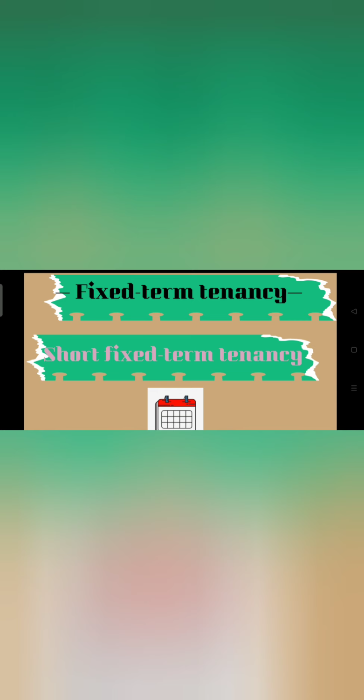If the tenancy does extend beyond 19 days, all rules will apply as usual.